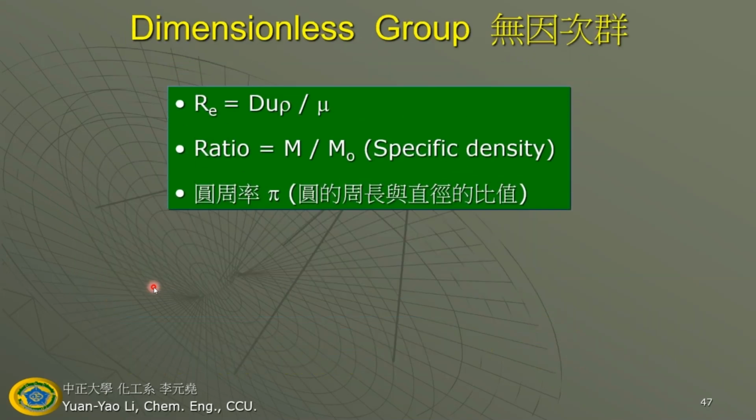There are many dimensionless groups and dimensionless quantities, like the Reynolds number I just showed you, right? And then the ratio I just showed you, meter divided by meter. And this pi is a dimensionless quantity. There's no unit for pi. It's a kind of ratio, right? Ratio.